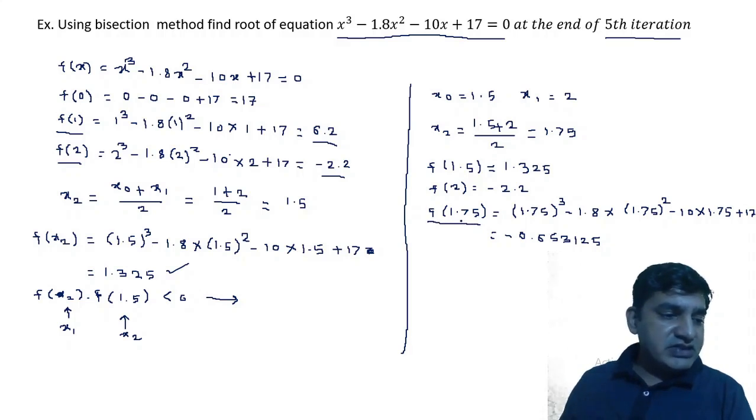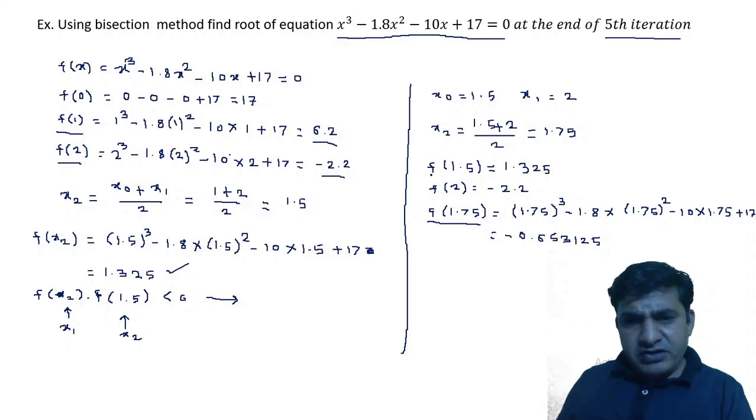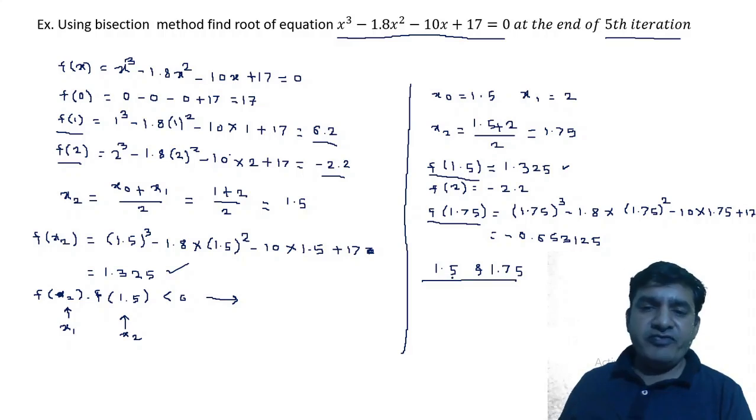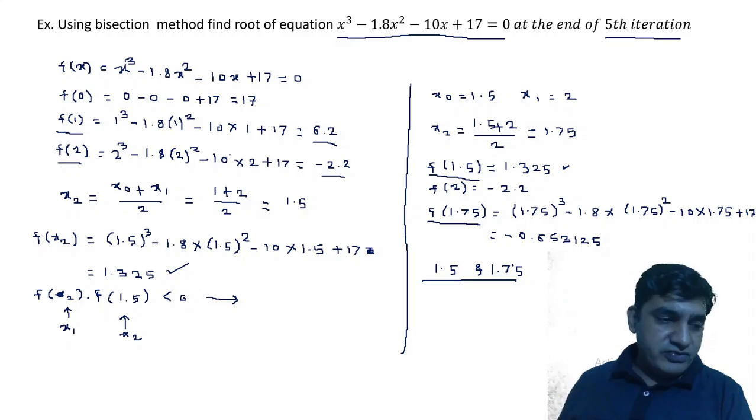For 1.5 this is positive, and therefore we can say that the root lies in between 1.5 and 1.75.